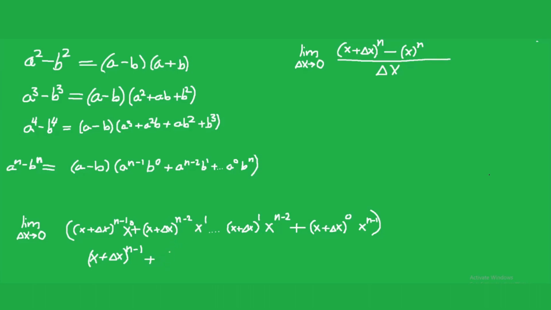Well, that's going to be x plus delta x to the n minus 1, right? Okay, and then if we skip over here, dot, dot, dot, we're going to have plus x plus delta x to the 1 times x to the n minus 2. Well, that's just going to be x plus delta x to the n minus 1.